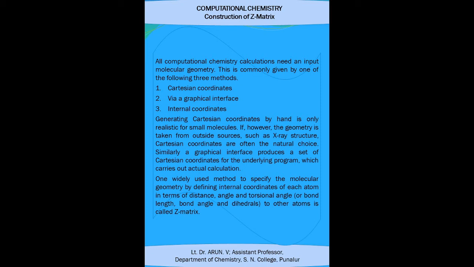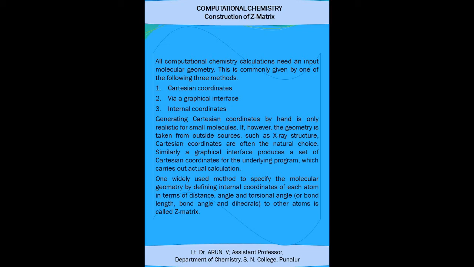One of the most widely used methods to specify the molecular geometry, by defining internal coordinates of each atom in terms of distance, angle, and torsional angle, or in terms of bond length, bond angle, and dihedral angle to the other atom, is called Z matrix.